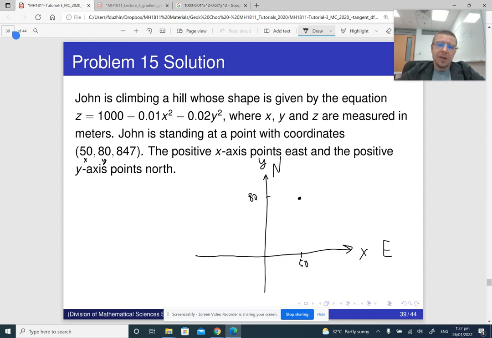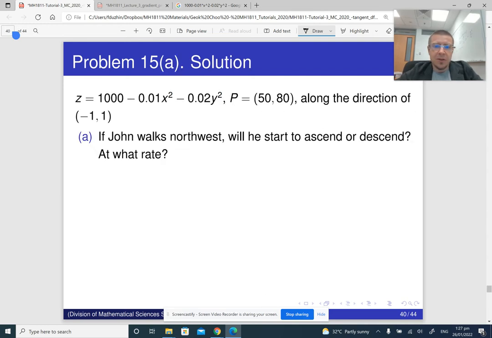Since it's northwest, west will be here, so northwest is actually this direction. The northwest direction is along the vector with coordinates negative 1, 1. All right, so I think we can just start doing the question.